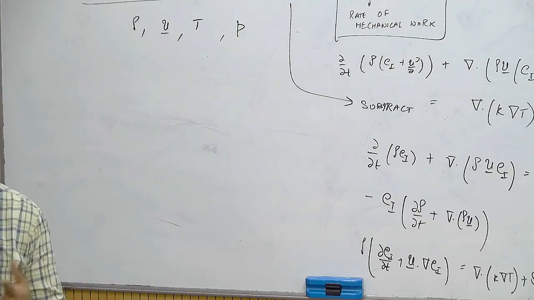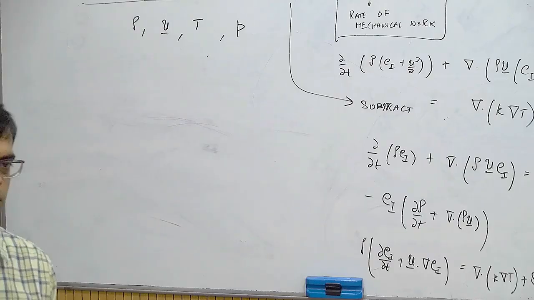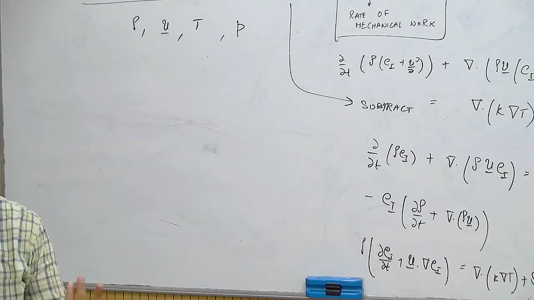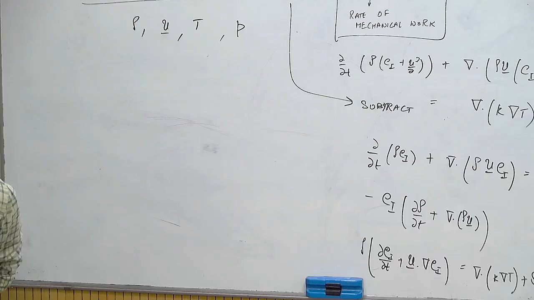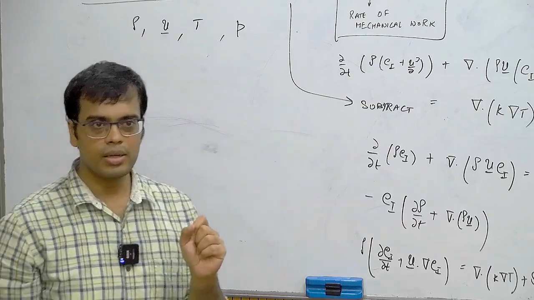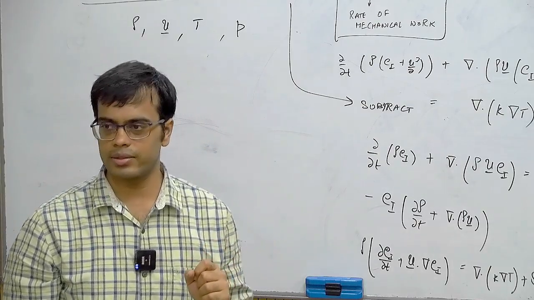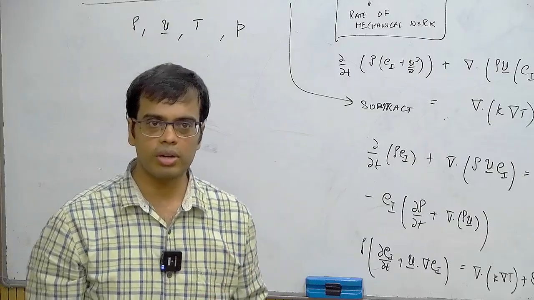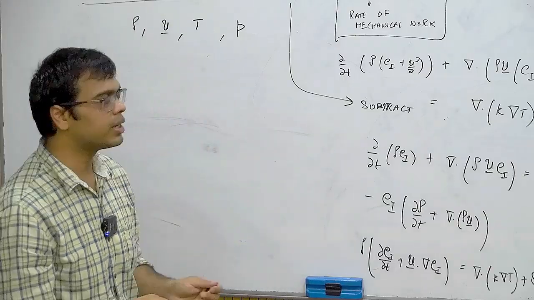So the total number of variables is 6, but the total number of governing equations that we have is 5. So there's still a missing equation, and that will be your equation of state if you are solving for a gas.